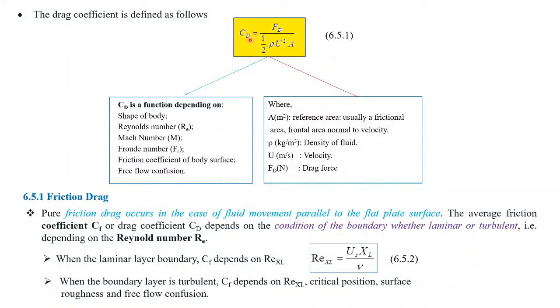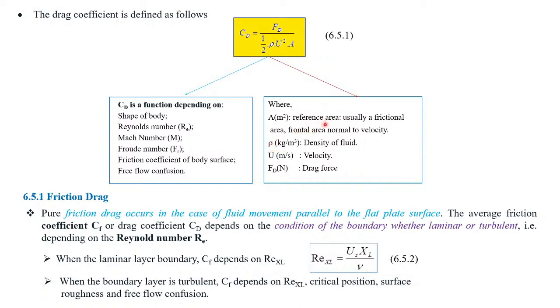CD is called drag coefficient, and is used for experimental research. CD is a function that depends on the shape of the body, Reynolds number, Mach number, Froude number, friction coefficient of body surface, and free flow conditions. And here A, unit square meter, is the reference area, usually the frontal area normal to the velocity.